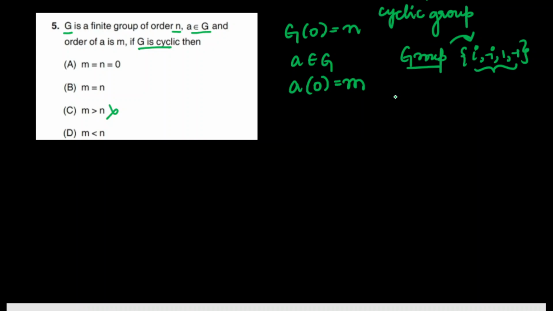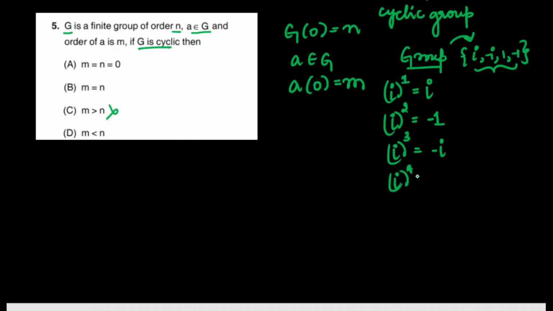For example, if I take this iota, this is an imaginary number, I to the power of 1 is nothing but I. Next, I to the power of 2 is minus 1, as we have studied in complex numbers. Next, I to the power of 3 is I square, minus 1, into I, which is minus I. Next, I to the power of 4 is minus 1 into minus 1, which will be plus 1.